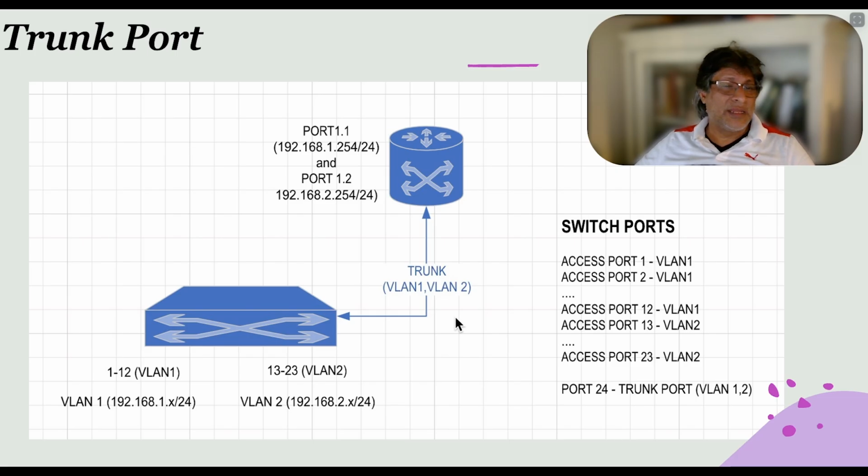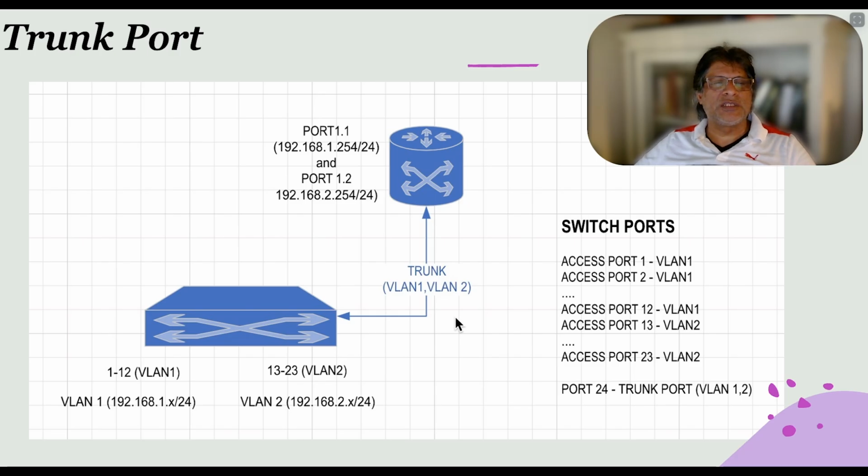And sometimes you could have three VLANs or four VLANs, right? So that could be possible as well. This would require even more ports if you have three or four VLANs. In any case, the idea here is you want to minimize the number of ports you use on the router.